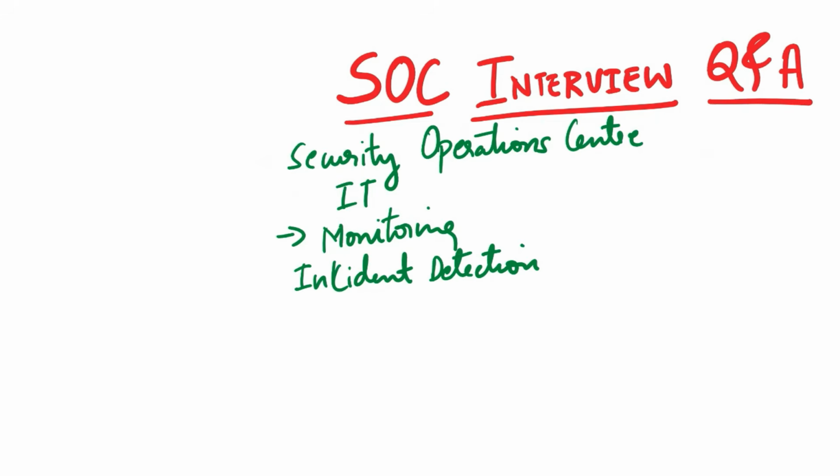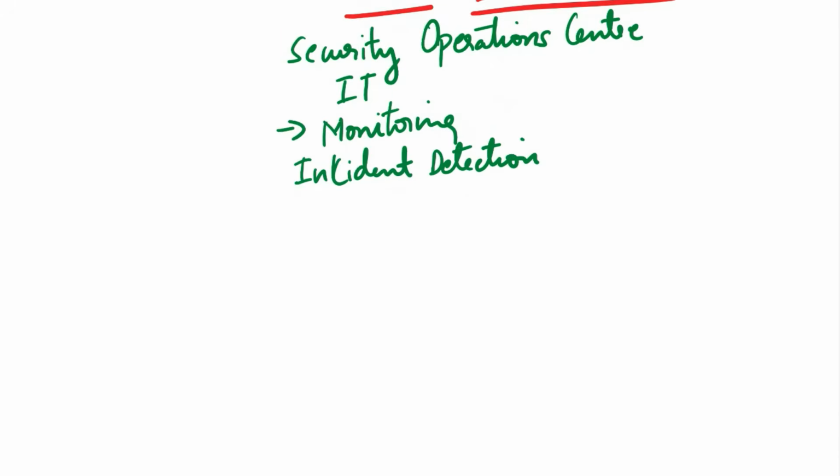This is to detect and identify security incidents, anomalies, or suspicious activities through the analysis of security alerts and logs generated by various security tools and systems. Next key functionality of SOC is alert triage. This is to prioritize and classify security alerts to determine their severity and potential impact on the organization.